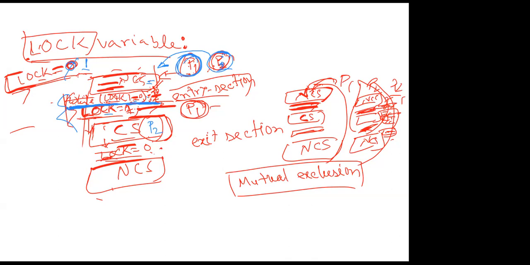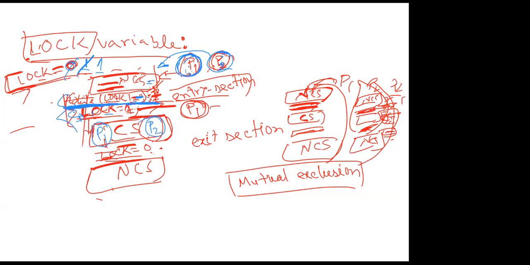Last time, P1 was preempted after the while loop, so P1 will not check the while loop again. It will make the lock value 1 and enter the critical section. So now you see that P1 and P2 are both in the critical section at the same time.